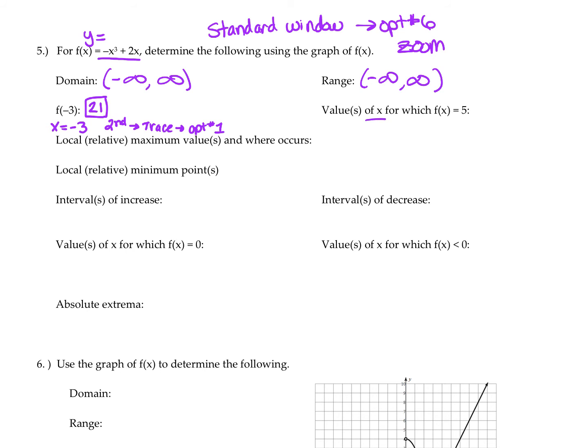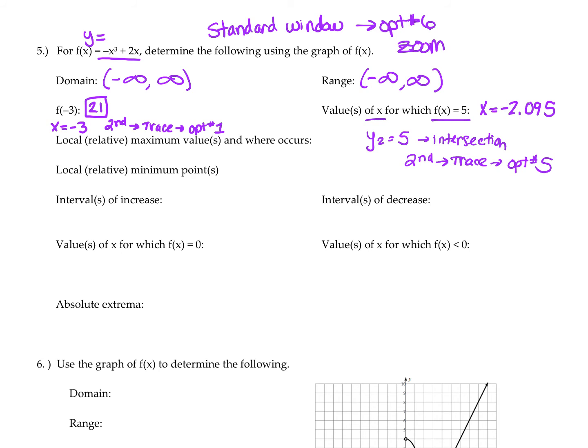When you're trying to find an x value given a y value, you're going to want to enter 5 into y2 and then find the intersection. You could also do this under second trace, and it's going to be option number 5. So when you do that, you're going to get that x is negative 2.095.